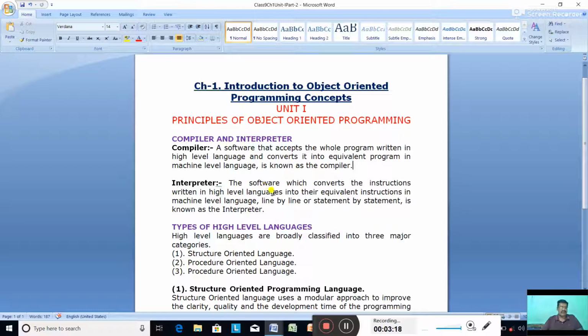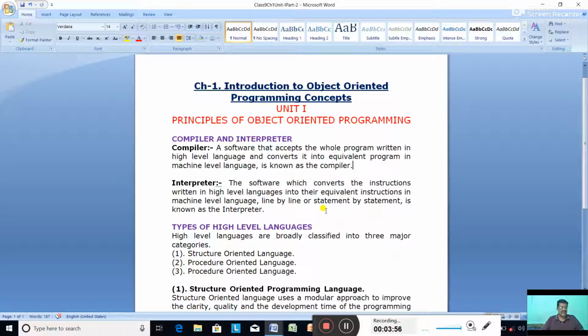Now comes the interpreter. The software which converts the instructions written in high level languages into their equivalent instructions in machine level language, line by line or statement by statement, is known as the interpreter. See, compiler and interpreter both do the same work, but the compiler accepts the whole program at a time and converts it, while the interpreter converts line by line or statement by statement. Okay, if an error is found on any line, the execution stops there till it is corrected.